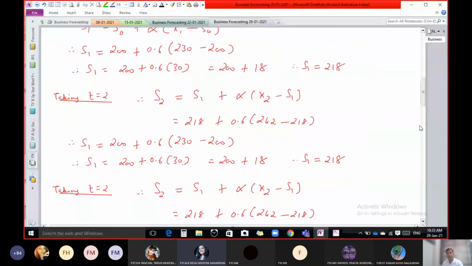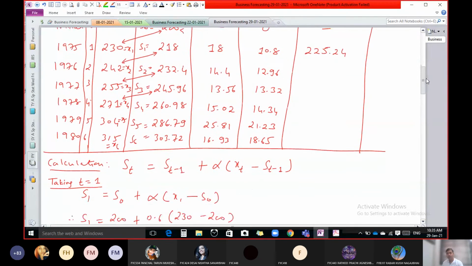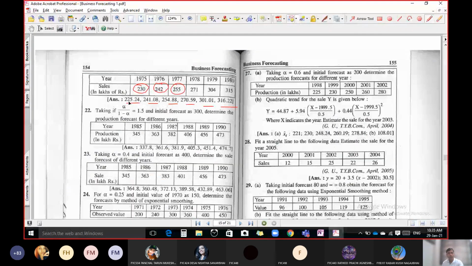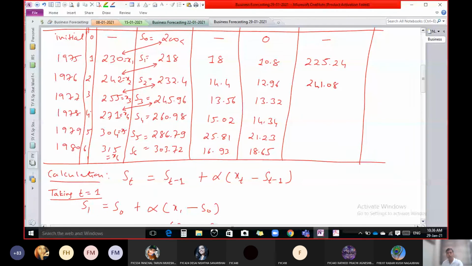Do the calculation and tell me the direct value of X2 cap. 241.08. So that is our second value. See the answer. First value is 225.24, second is 241.08.